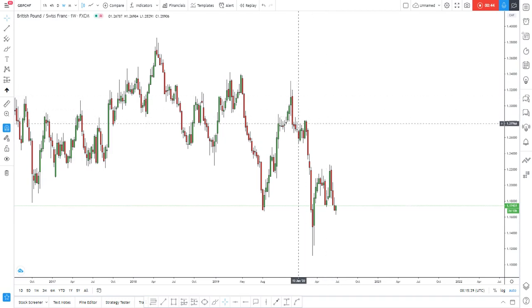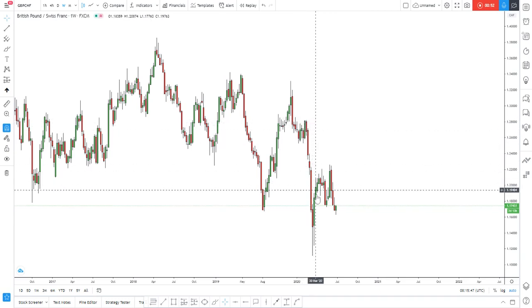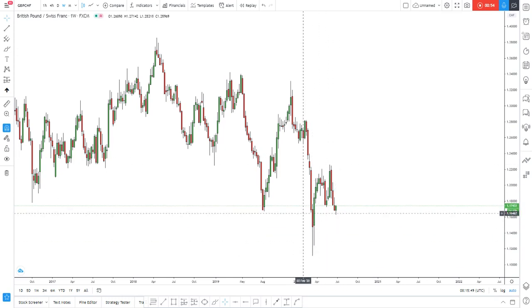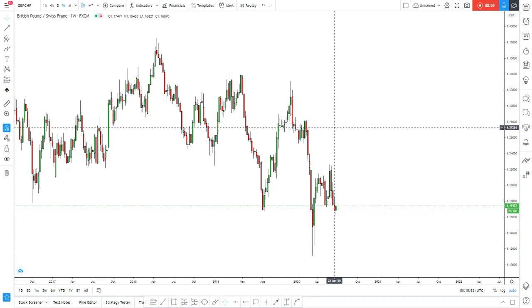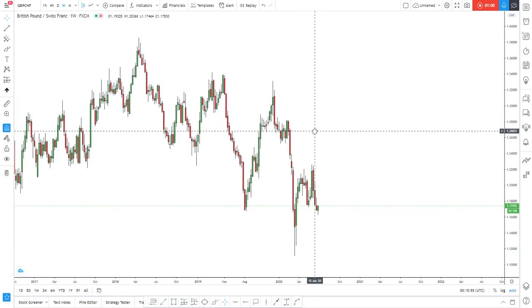Now, it went impulsively to the downside, created a low, then a lower high, and the same thing here, lower low and a lower high. So this is just impulse and correction, impulse and correction. When impulse and correction moves happen, the corrections are retracements, and we expect another impulse to happen.